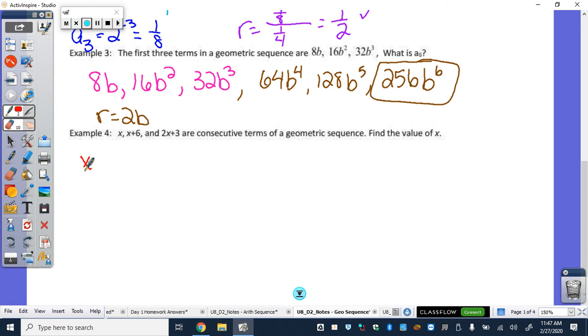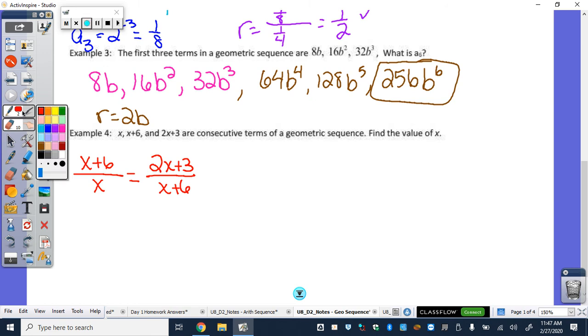So if I take my second term and divide it by my first term, that has to be equal to my third term divided by my second term, because the ratio is consistent. So what do we do to solve this? Cross multiply. Go ahead and cross multiply.